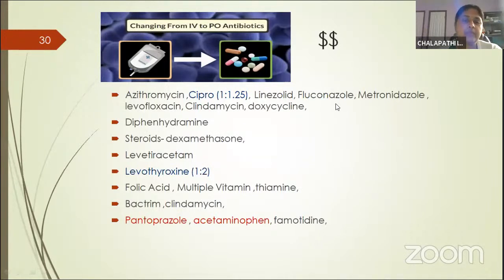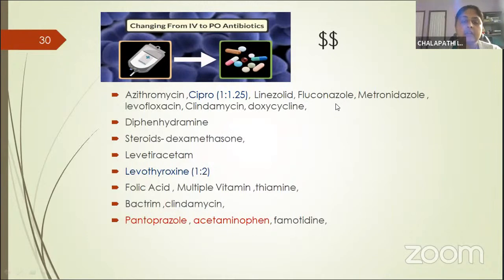But in the case of ciprofloxacin, it is 1:1.25. We give 200 milligram IV, we give 250 milligram of the oral drug. And levothyroxine, we give 50 mcg IV, we do 100 mcg orally. So these are two common drugs where the change from IV to oral is not 1:1, but varied.